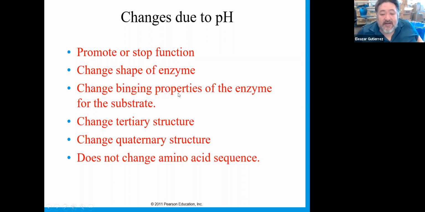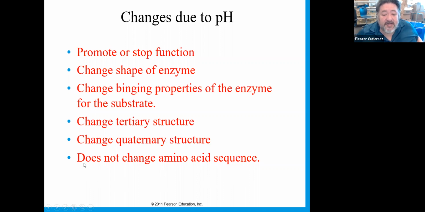It can change the binding properties of the enzyme for the substrate, in other words, that substance upon which the enzyme functions. It can change the tertiary structure. You remember what that is, right? Alpha helices and random coils and beta pleated sheets. It can change the quaternary structure. This is usually where it happens. Subunits are literally cleaved from each other.